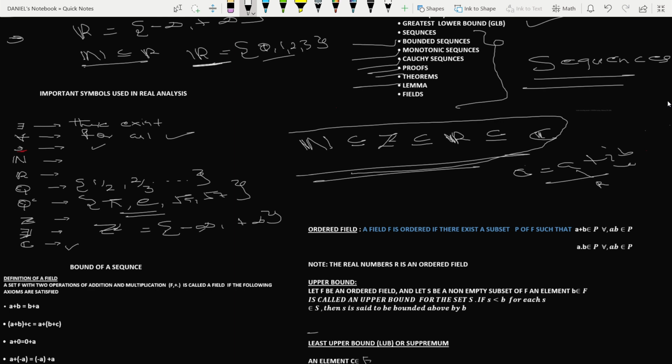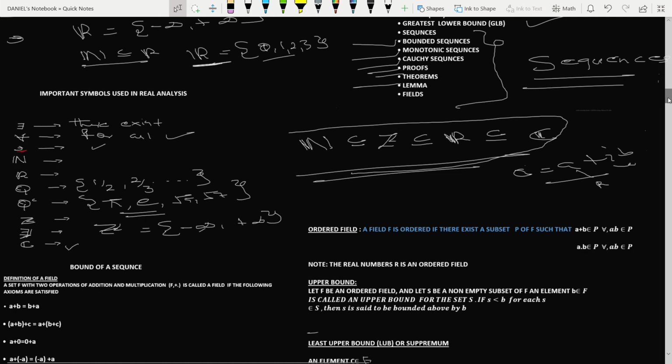So the concept of the real number system is highly appreciated whenever you want to start your journey in real analysis. Now, one thing that you must also take note of when dealing with real analysis is the binary operation.